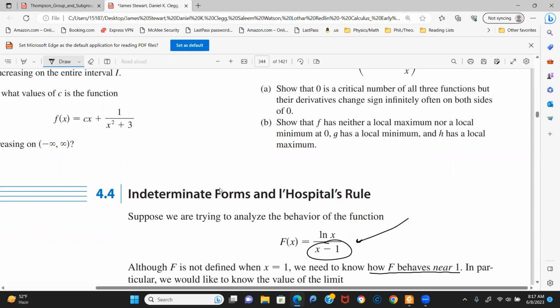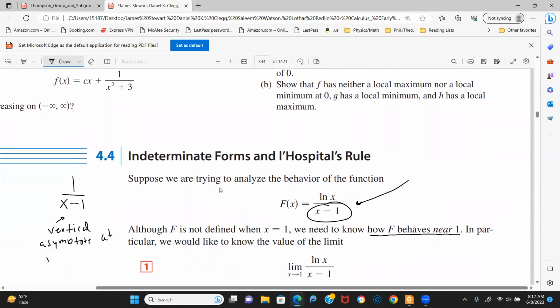So if you have a polynomial, like if you had 1 over, say, x minus 1, then this has a vertical asymptote at x is equal to 1, right? This is a point where it's not defined.